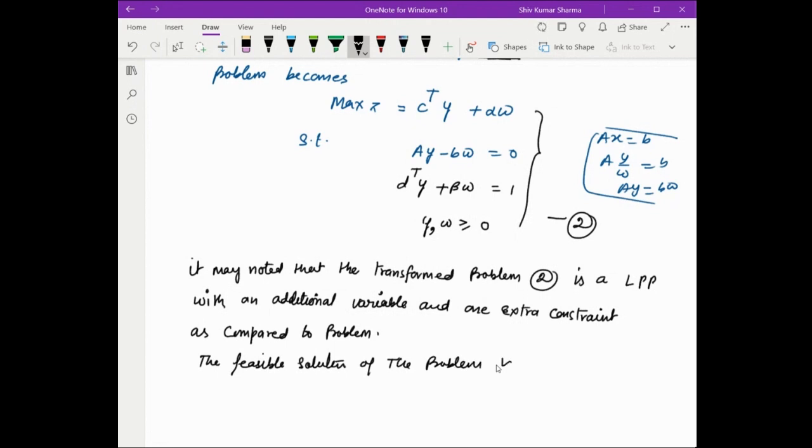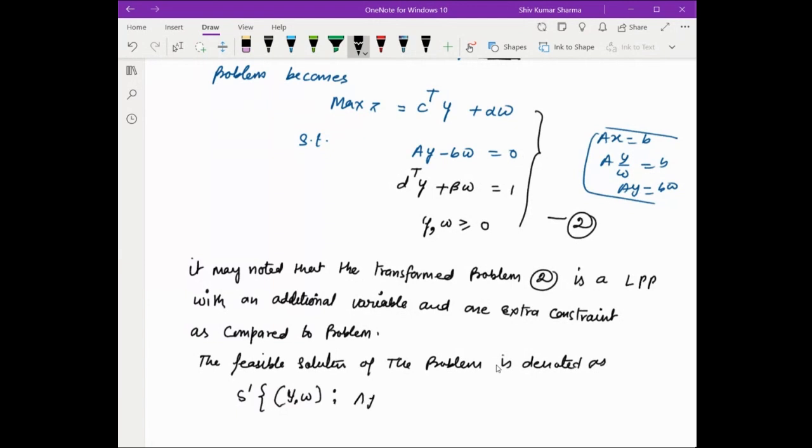So the feasible solution of the problem is denoted as S dash. This S dash replaces two variables. Previously S was equal to x; here S replaces y and omega.